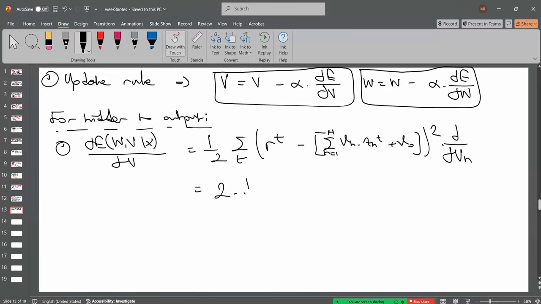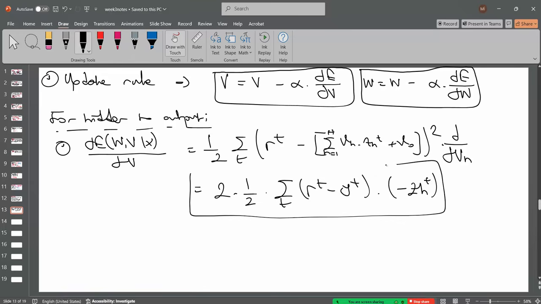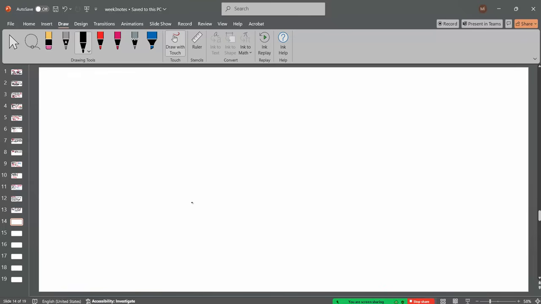So this is equal to 2 times 1 divided by 2, the summation operator, because we take the derivative with respect to v_h, the total summation of (r^t minus y^t) times minus z_h^t. Okay? This is the first rule to build the algorithm or train the networks. And in second place, this is the last one.